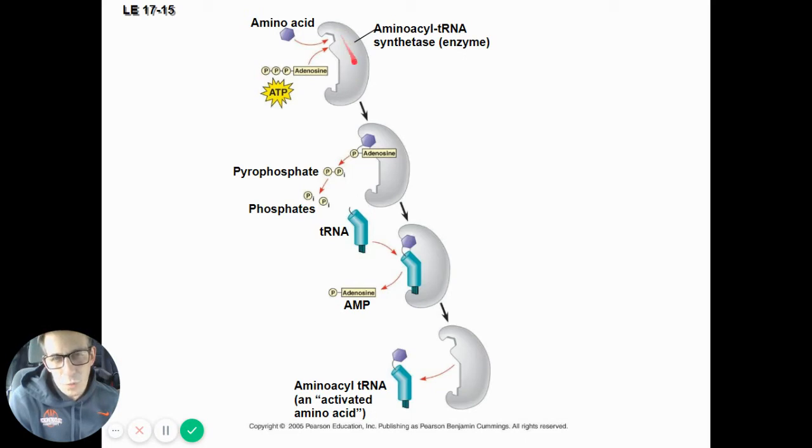This white half circle thing up here, which looks like a broken egg, is an enzyme that will take a very specifically shaped tRNA molecule and bind it to a very specifically shaped amino acid. And so that is how we get the proper attachment.